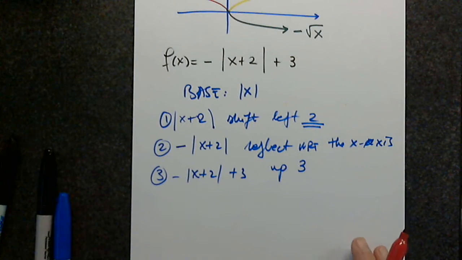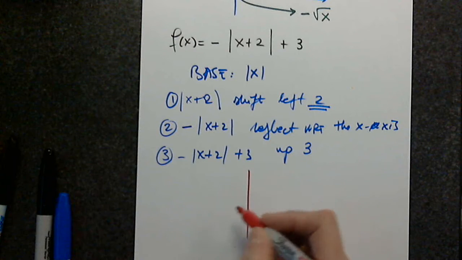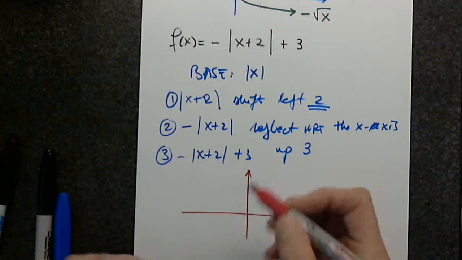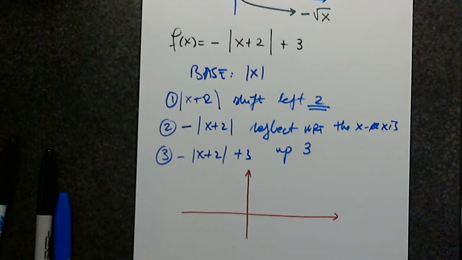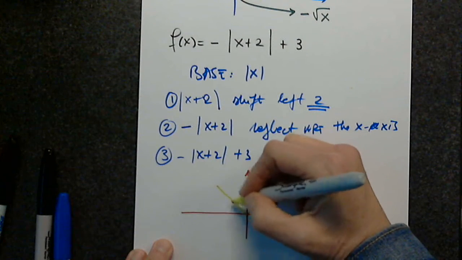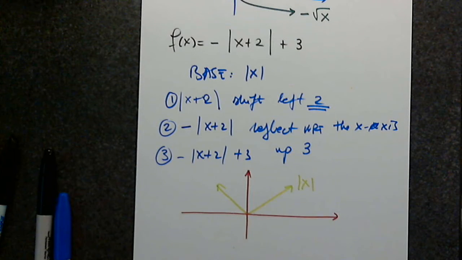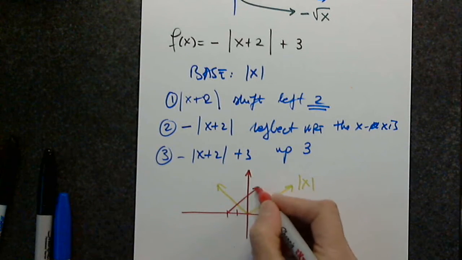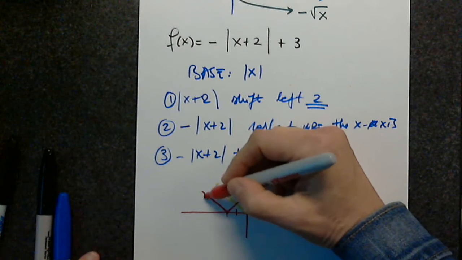So let's graph it. I will graph all steps. First, I graph the absolute value. That's the base function. Then you told me to shift left 2. That's what I'm going to do. Shift left 2.